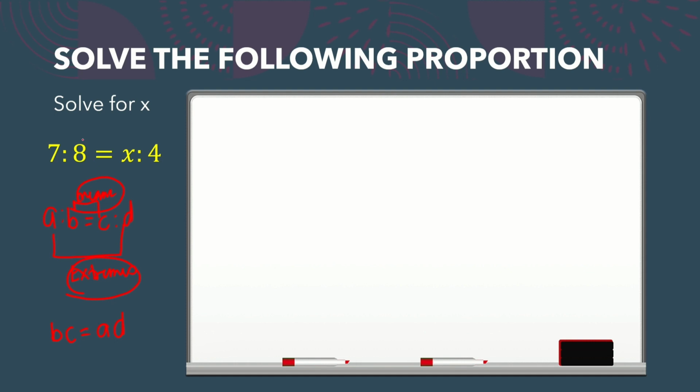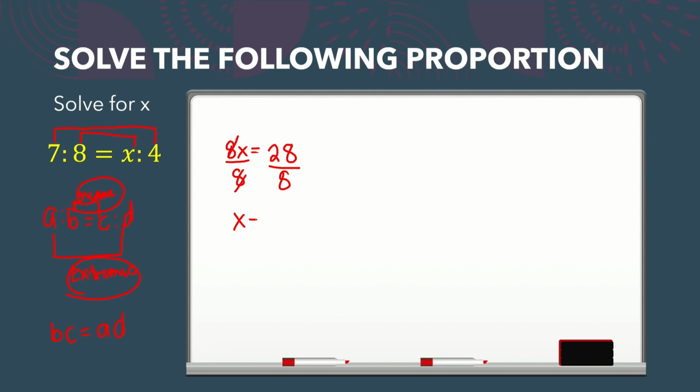So here, to solve for the value of x, we multiply the product of the means, which is 8 times x, that is 8x, is equal to the product of the extremes, which is 7 times 4, and that is equal to 28. Next is we divide both sides of the equation by 8.